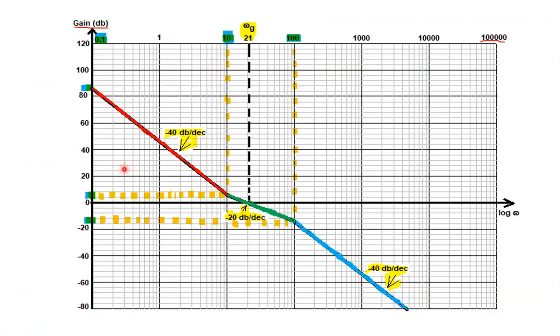Then accordingly, if you want to take a scale, we can take from 120, 100, 80, 60 like this. So this is 0 dB, minus 20, minus 80. So I can accommodate from 120 to minus 80. Even we can take a slightly different scale, but we should see that we are accommodating all of that.